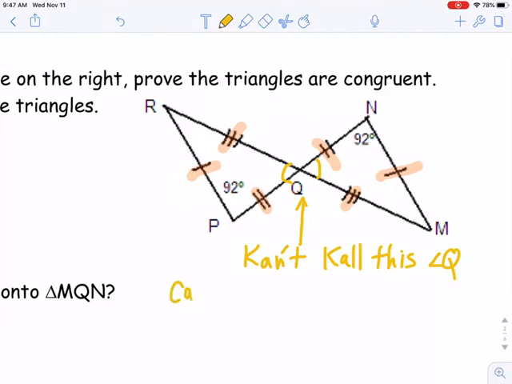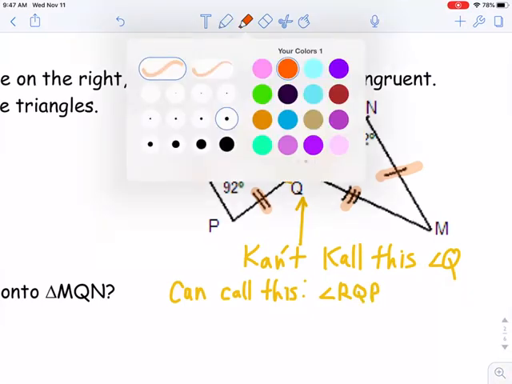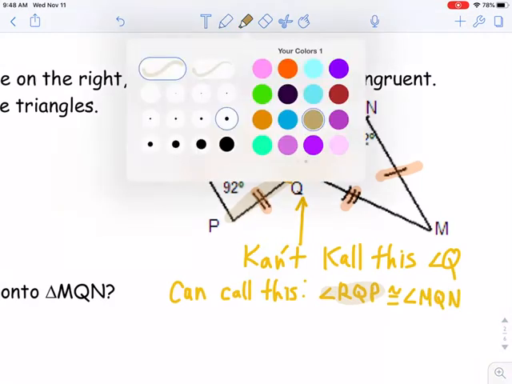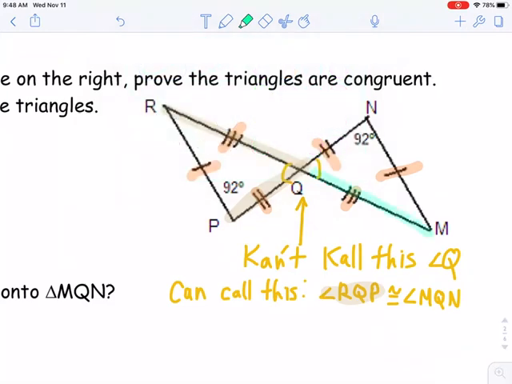What you can call this is angle RQP, and that's congruent to angle MQN. We have to use 3 letters, remember. There are 4 different angles coming off vertex Q, so we can't just use the vertex.